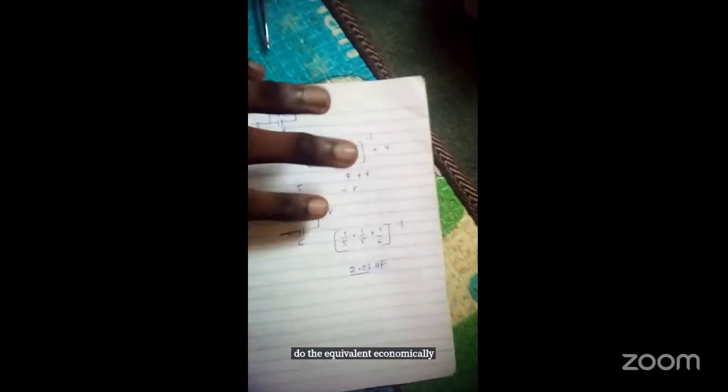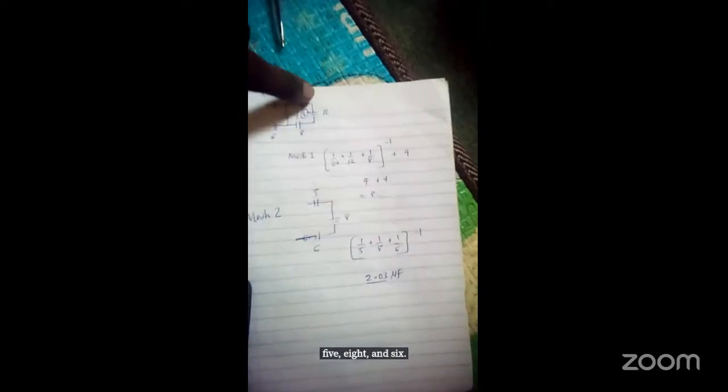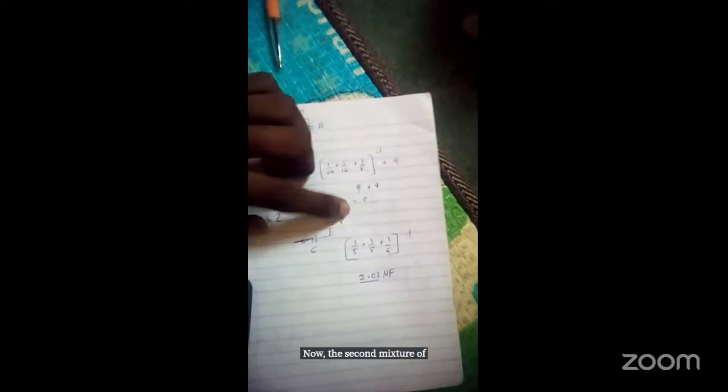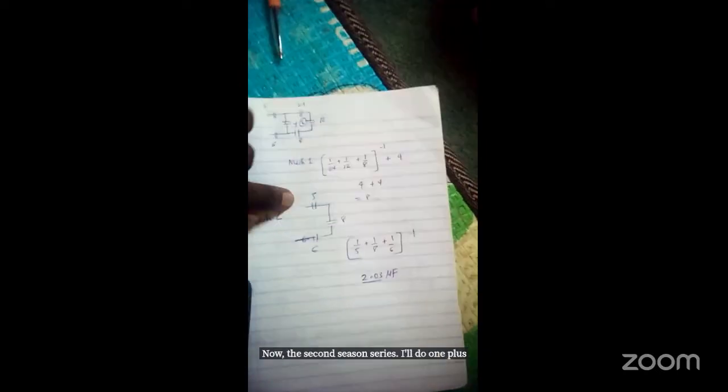Now the second mesh, I've already used the first mesh and found its equivalent. So the second mesh has 5, 8, and 6. Since it's in series, I'll do 1 plus 1 over 5 plus 1 over 8 plus 1 over 6 inverse. Then the total of everything is 2.03 microfarad.